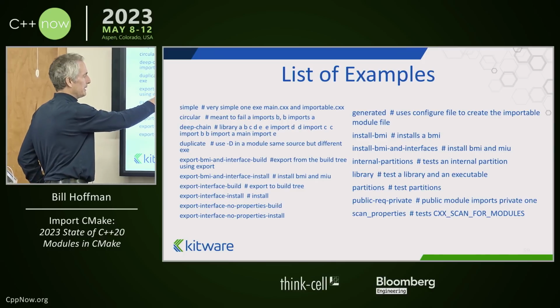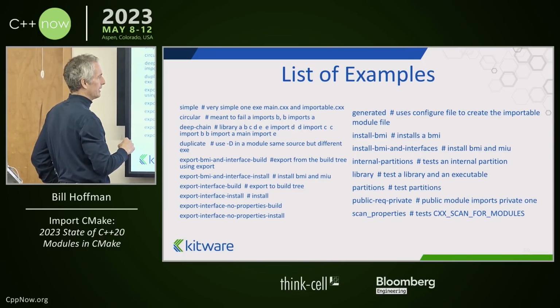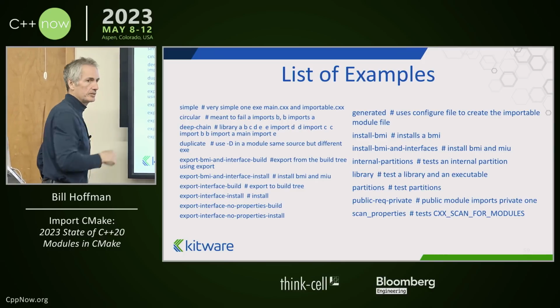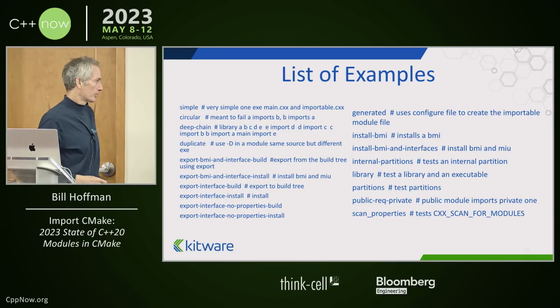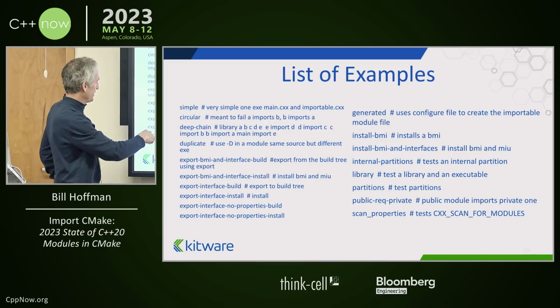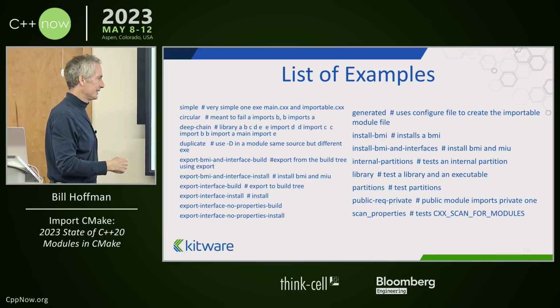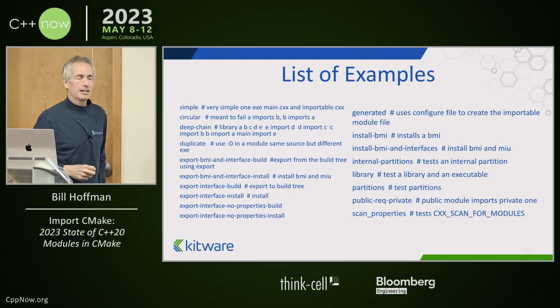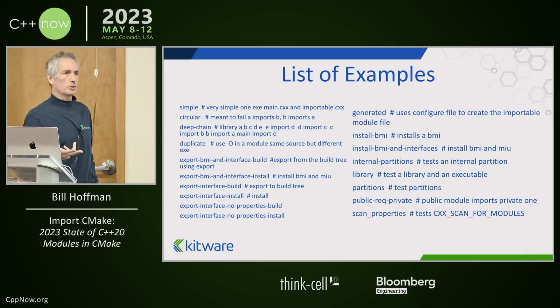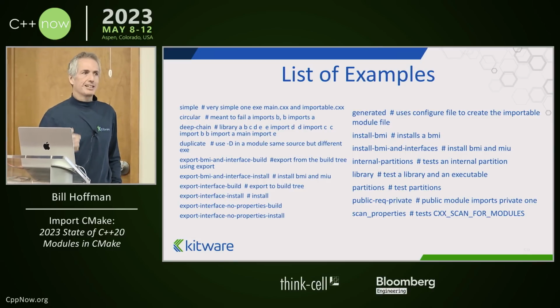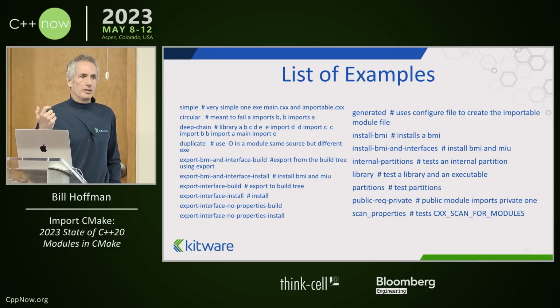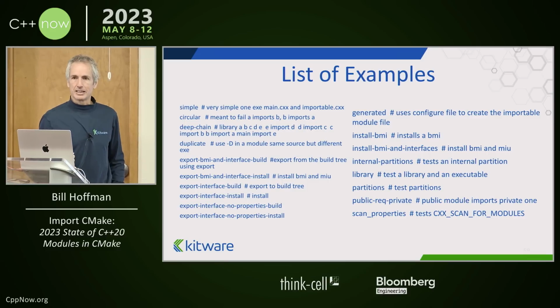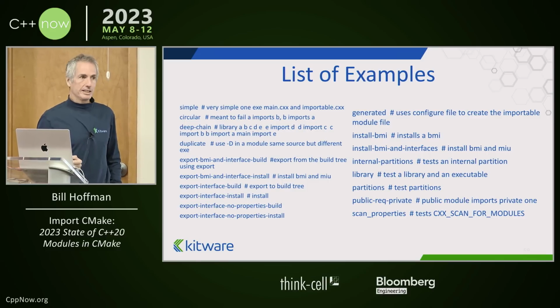We've got an export BMI and interface build, which exports from the build tree using export. Sorry, that thing I talked about with doing cross-compiling. BMI and interface install, which does installing the BMI and the MIU, which is a module interface unit, essentially the source code. Because remember, if you went to Daniel's talk, the BMI file may or may not be useful, depending on the flags you're using, it may need to be recompiled.